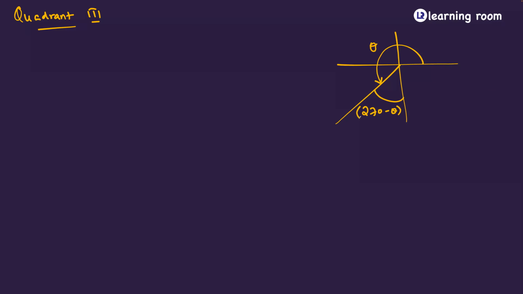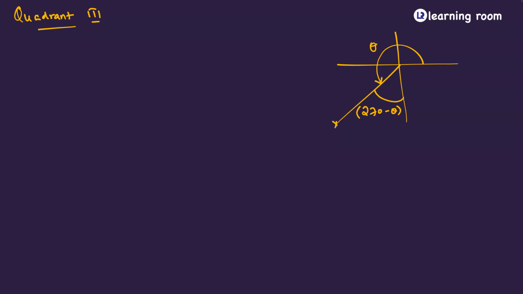It is going to be 270 minus theta. So if you rotate at an angle greater than 180 degrees and less than 270 degrees, you're going to land in the third quadrant.